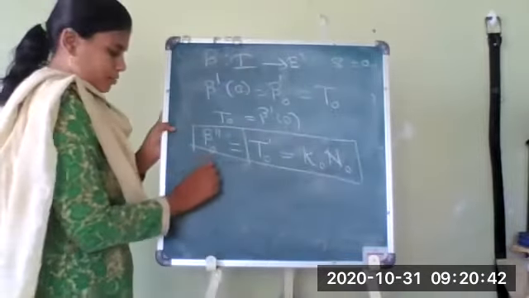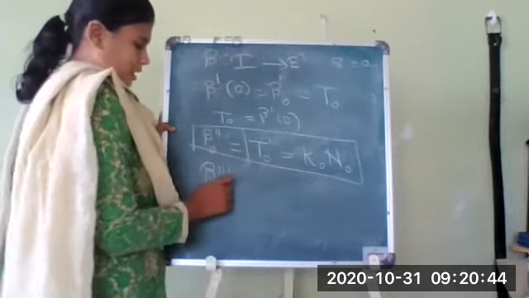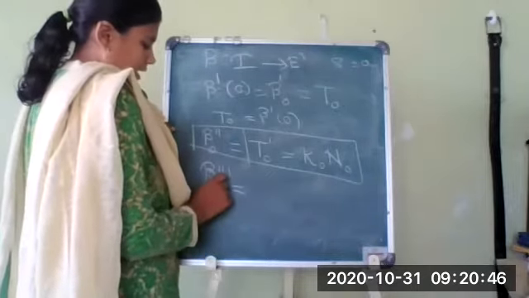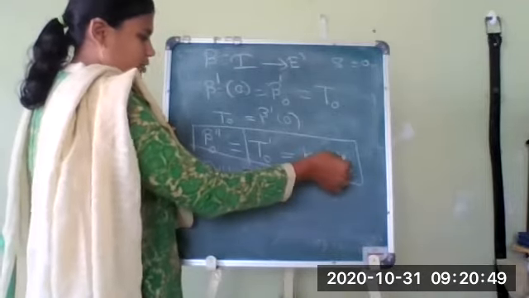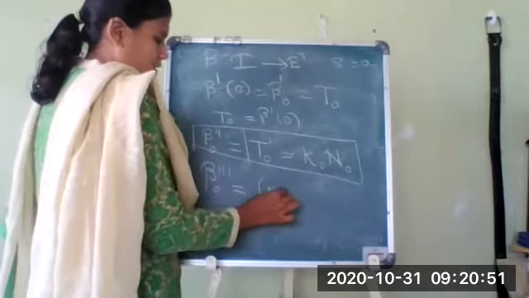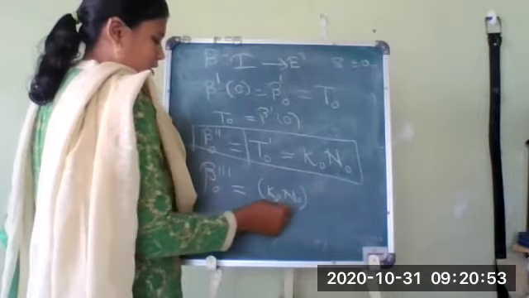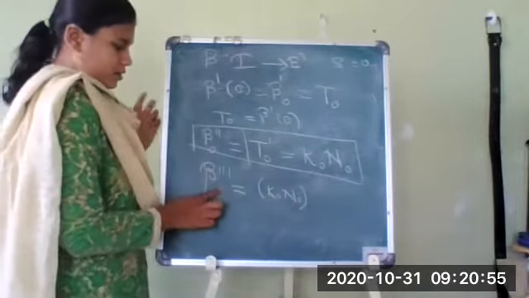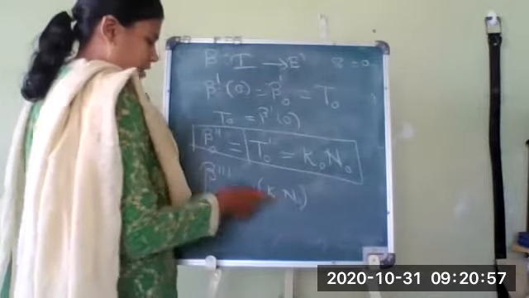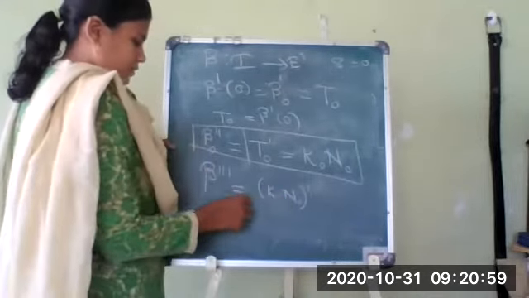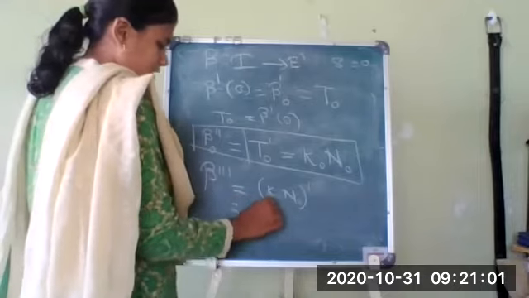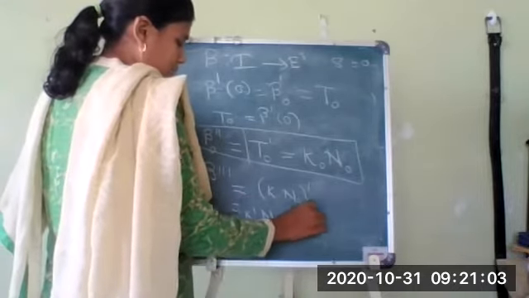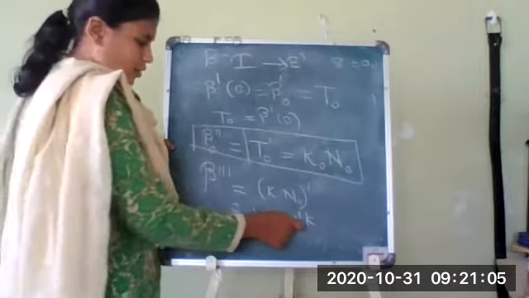Now let me write down the formula for beta triple dash, at s equal to 0. Let me write down the derivative of this term, k naught into n naught. As we are calculating at s equal to 0, first we will calculate independently. The derivative of this term will be k dash n as it is, plus n dash into k as it is. What is the formula for n dash?